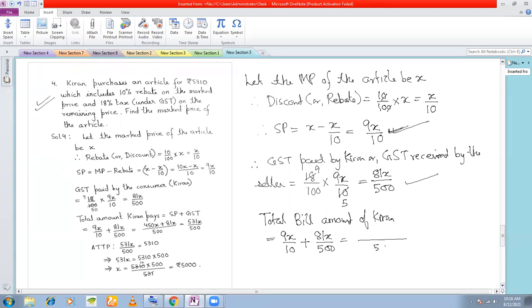Now you can take your LCM and simplify. You get 500 by 10 as 50, and 50 into 9 is 450 plus 81x, which you will get as 531x by 500. This is the total amount that she's paying. And according to the problem, how much is the total amount she's paying? 5,310.